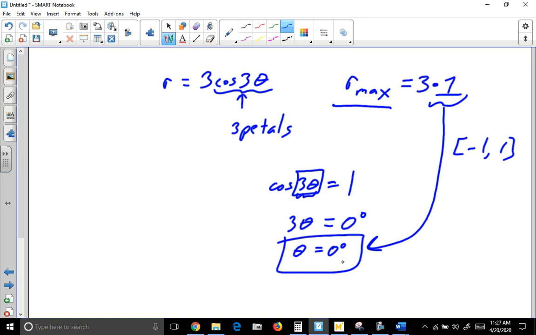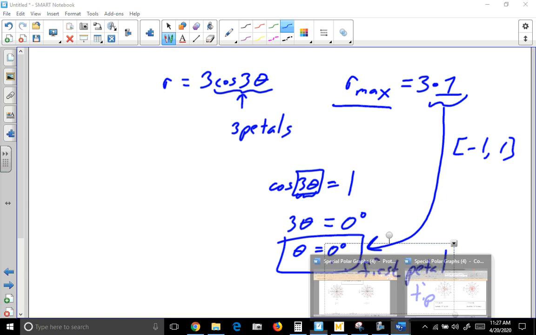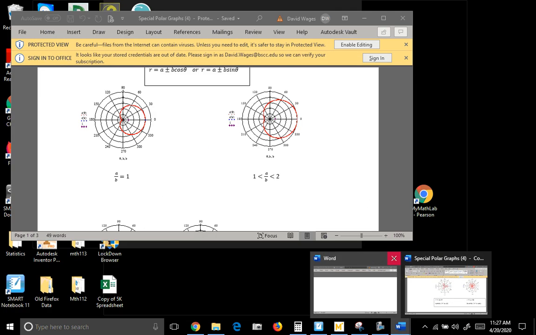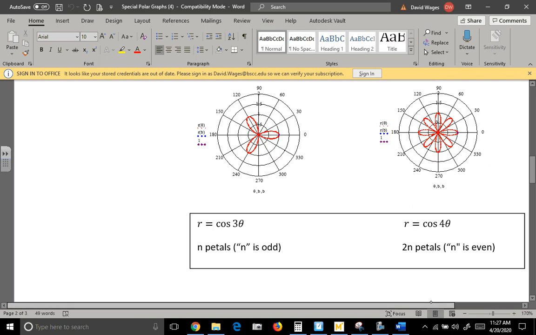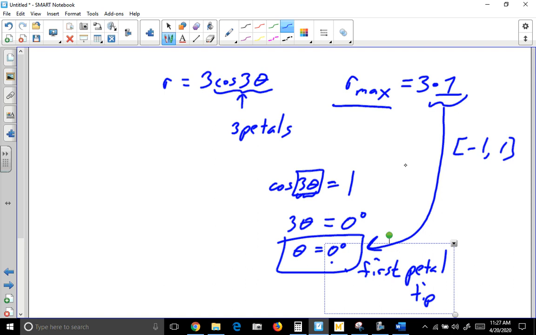So the tip of our first petal is in a direction of 0. And we have 3 petals, and notice they're evenly spaced. Let me close this window. Notice those are evenly spaced. So that gives us more information. If we have a total of 360 degrees, and we have 3 evenly spaced petals, then 360 divided by 3, our petals are 120 degrees apart.